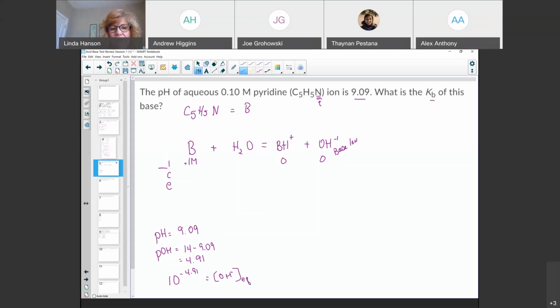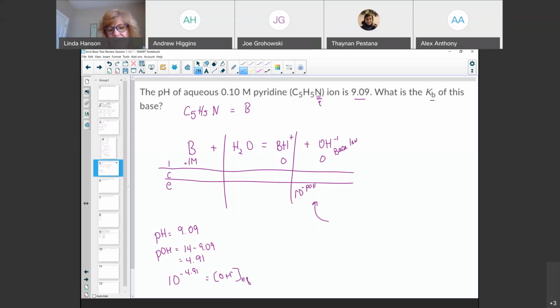So thinking about how this ICE chart works, this right here, 10 to the negative pOH, is the concentration at equilibrium for that base ion. Alrighty. So when I hit that on my calculator, 10 raised to the negative 4.91, my screen reads 1.23 times 10 to the negative fifth, and that's this part of your ICE chart.